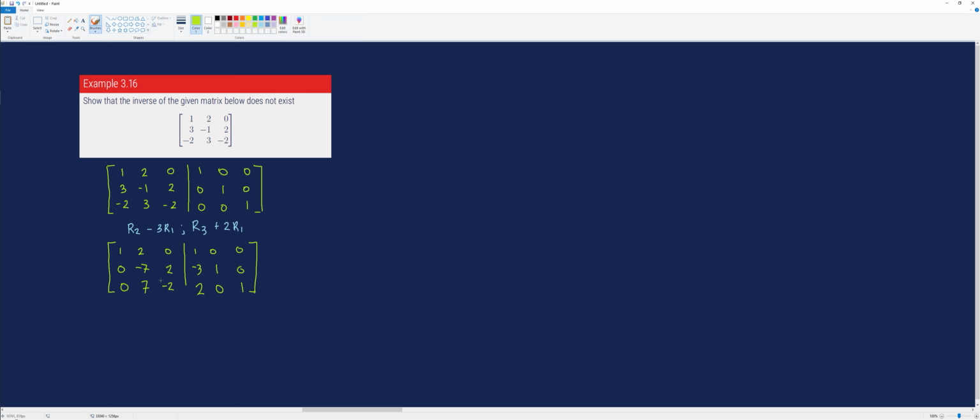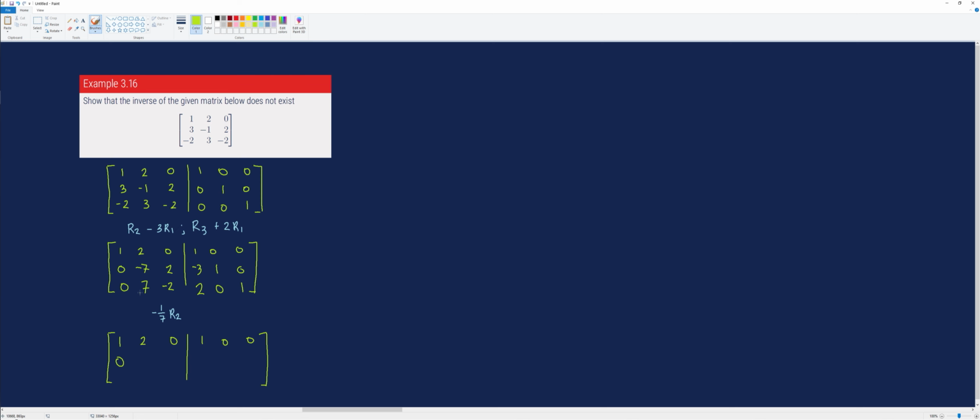So to make things simple, what I will do is convert this to positive 1. So that is negative 1 over 7 R2. This will be equal to, for the first row, nothing will happen, so we will copy: 1, 0, 0.